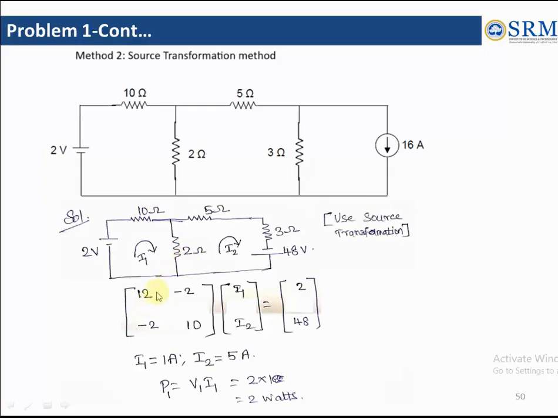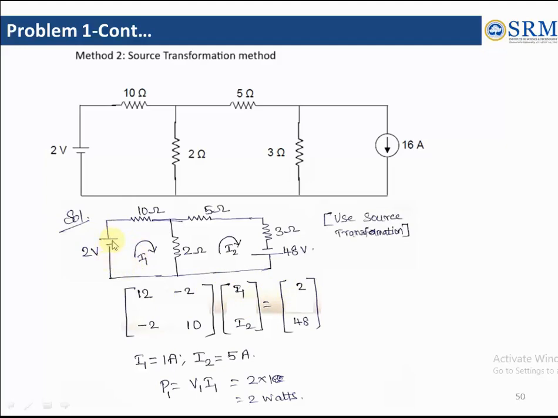10 plus 2 it's 12. R22 diagonal element here, 2 plus 5 plus 3 it is 10. And off diagonal elements are negative because we assume both the direction in same. Okay, so what is a common resistor here? -2, that is -2 we represent. I1 and I2, that is equal to 2 volt in for the first mesh.